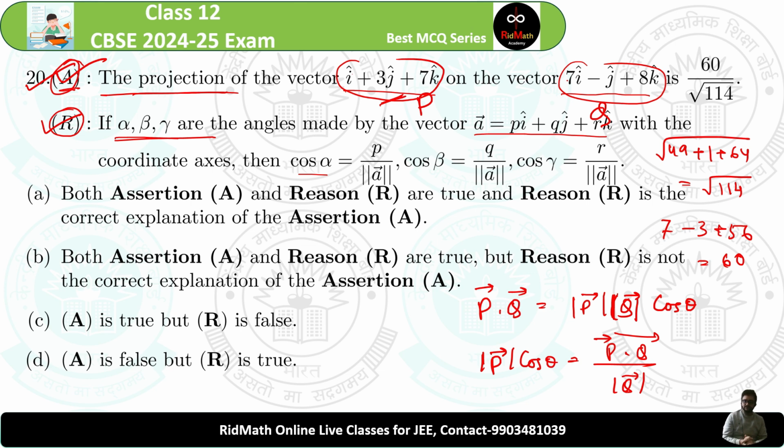So both A and R are true, but R is not the correct explanation of assertion A. So B option is correct.